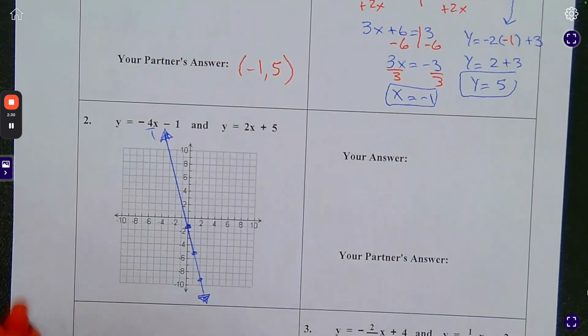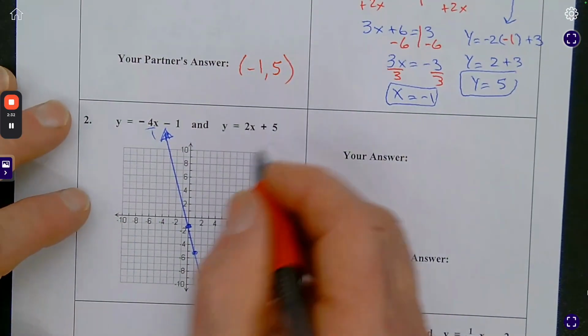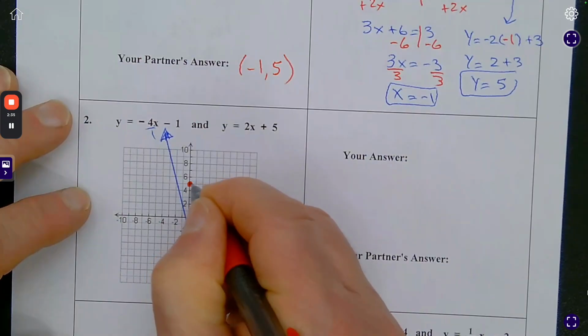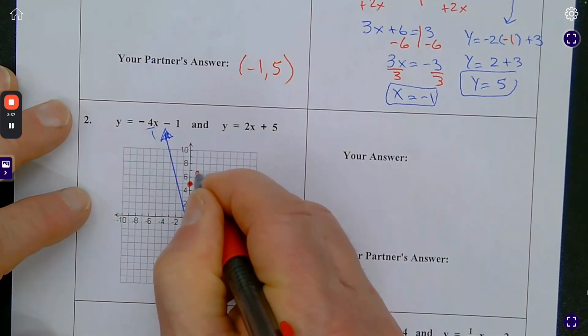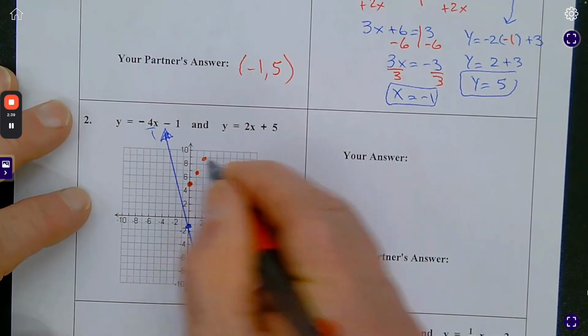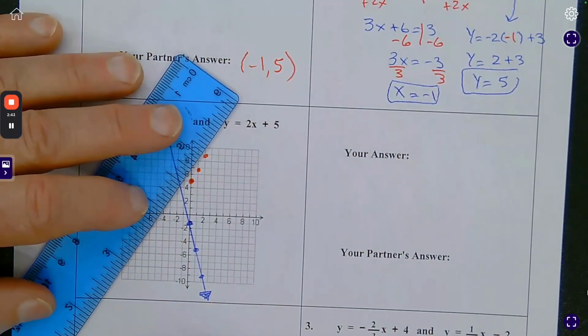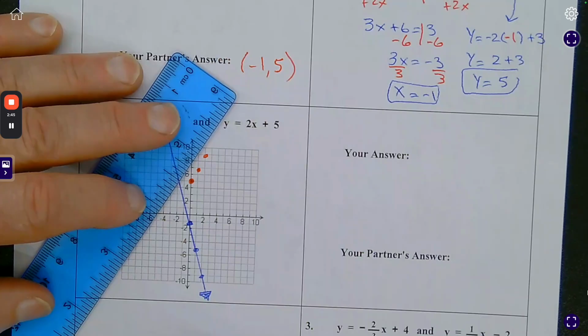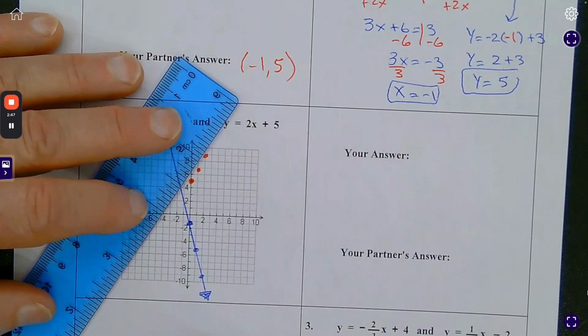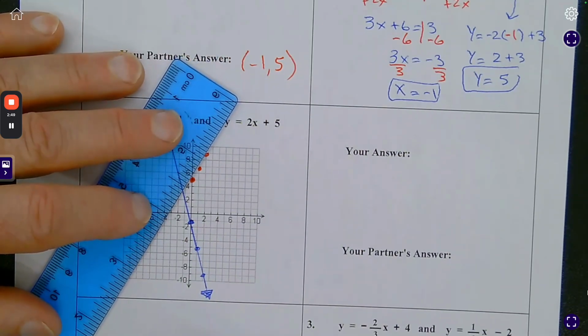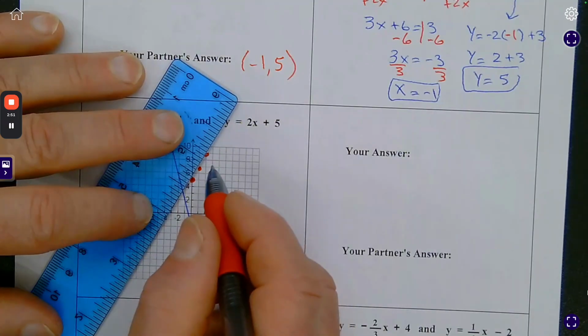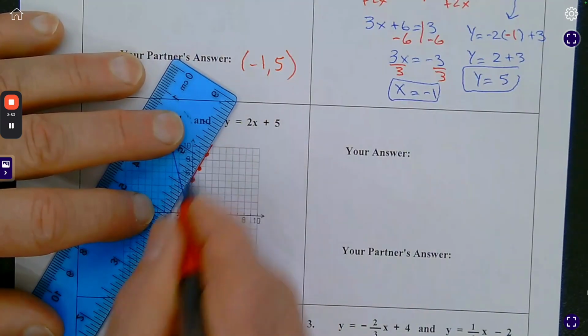Now I'm going to graph the other one. The other one has a y-intercept of positive 5 and a slope of up 2 over 1. Like so. Now I'm going to graph that line, make sure it's accurate. And right about there.